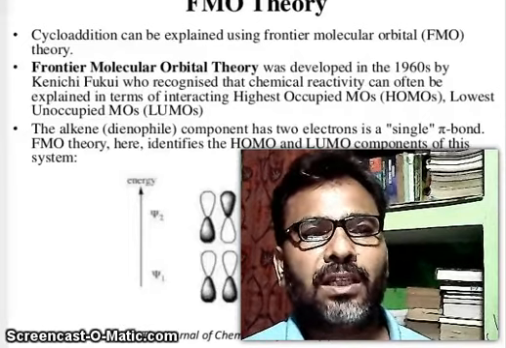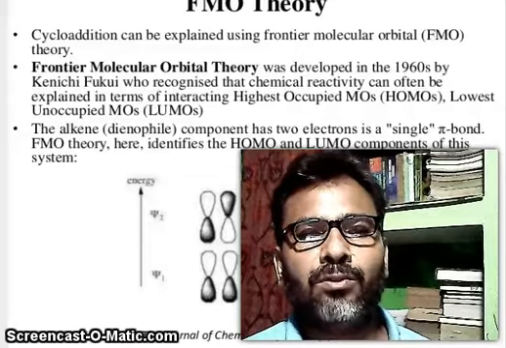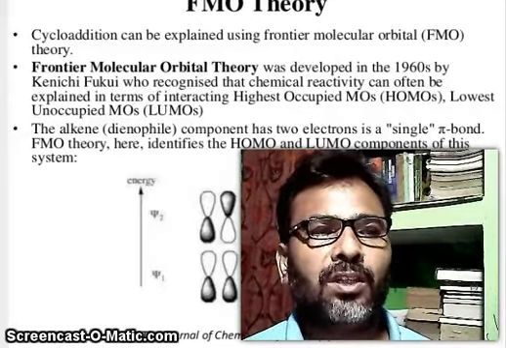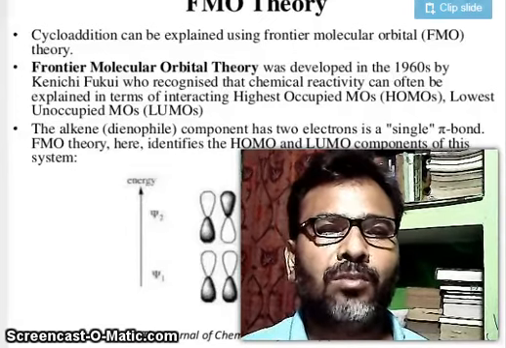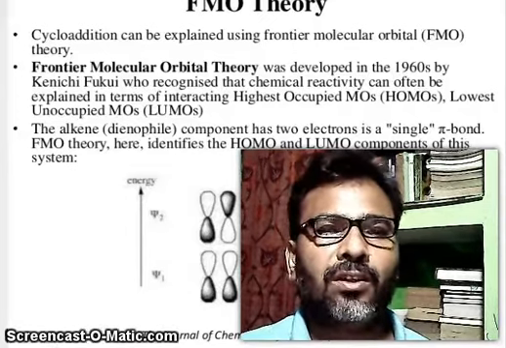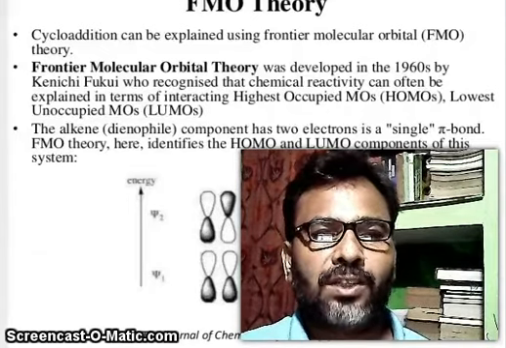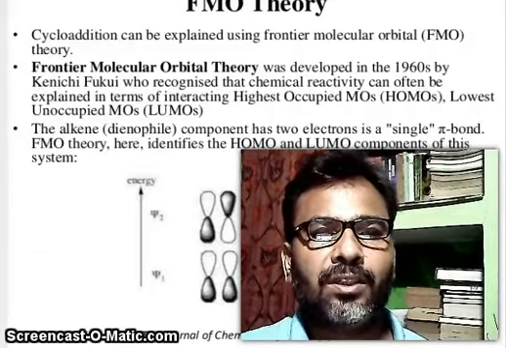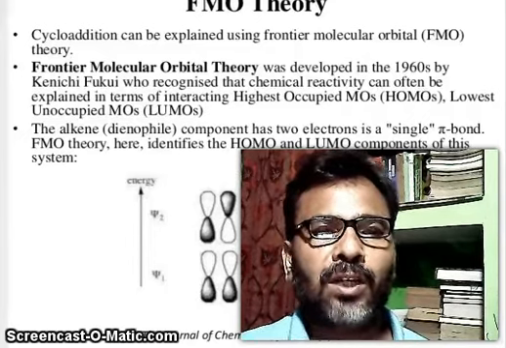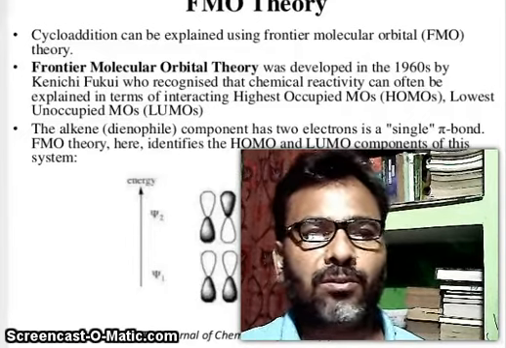The alkene dienophile component has 2 electrons in a single pi bond. Frontier orbital theory here identifies the HOMO and LUMO components of this system: highest occupied molecular orbital psi1 and lowest unoccupied molecular orbital psi2.